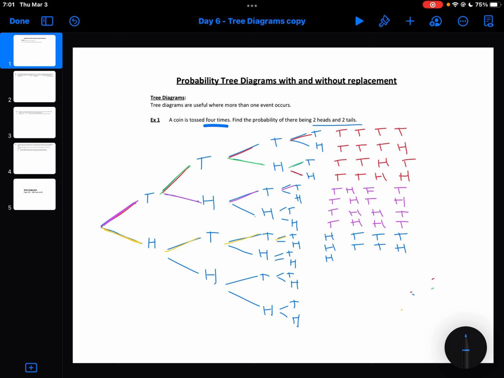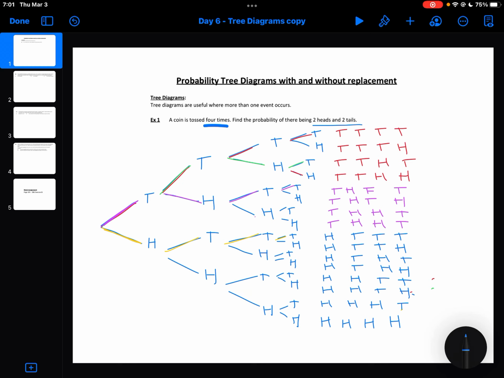Moving down to the lower branch, we've got heads, tails, heads, tails, heads, tails, heads, heads. Finally, my very last branch, heads, heads, tails, tails, heads, heads, tails, heads. My last 2 possibilities are 3 heads in a row and a tail at the end, and finally 4 heads in a row.